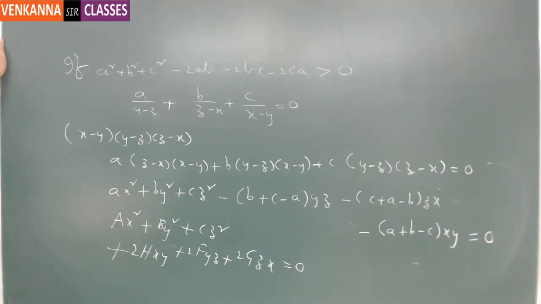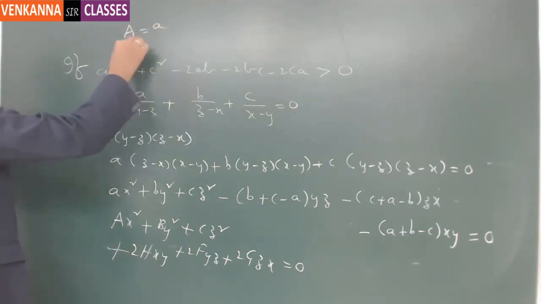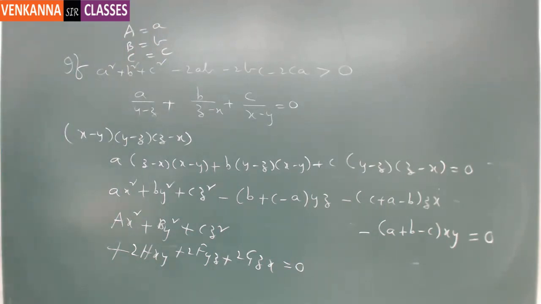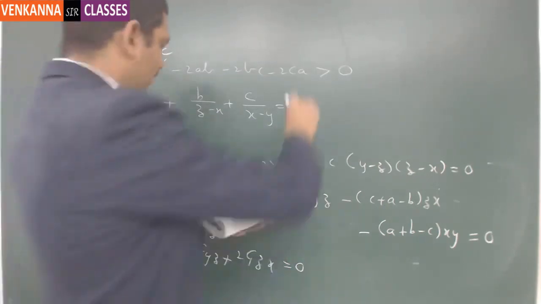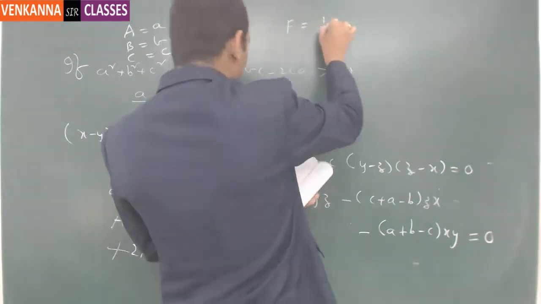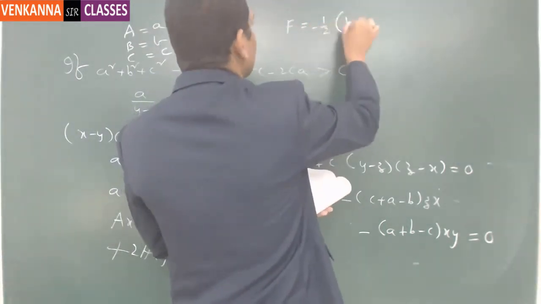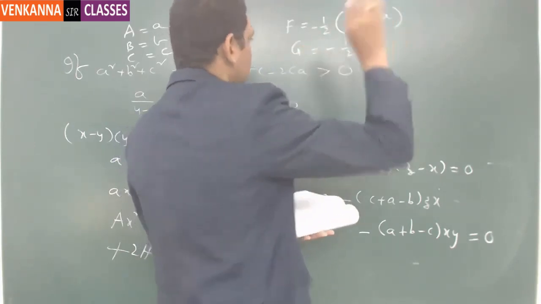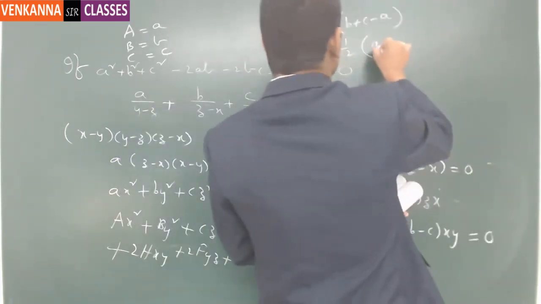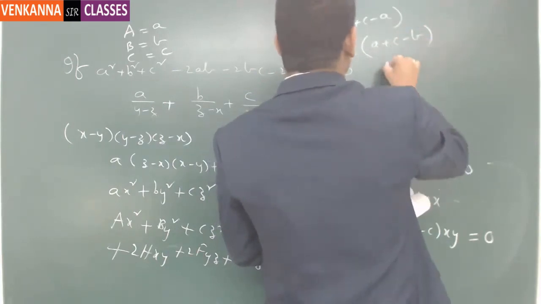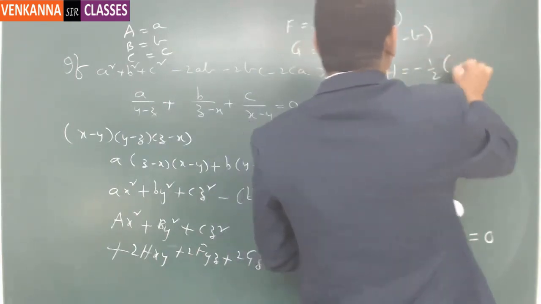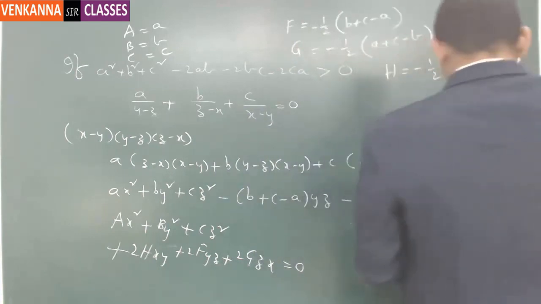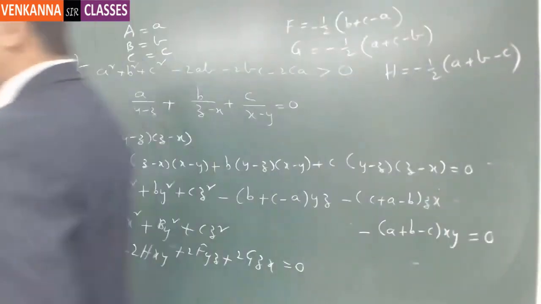So on comparison, it is evident that capital A is equal to a, capital B is equal to b, capital C is equal to c. And if you consider the determinant where capital F is equal to half into... these are the values.